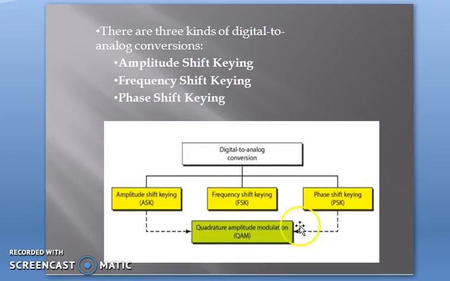So this is the block representation. Digital to analog conversion can occur in three ways: amplitude shift keying, frequency shift keying and phase shift keying. Amplitude and phase shift keying can both be combined to form quadrature amplitude modulation, QAM, which will be discussed later. In this topic we will deal only with amplitude, frequency and phase shift keying.